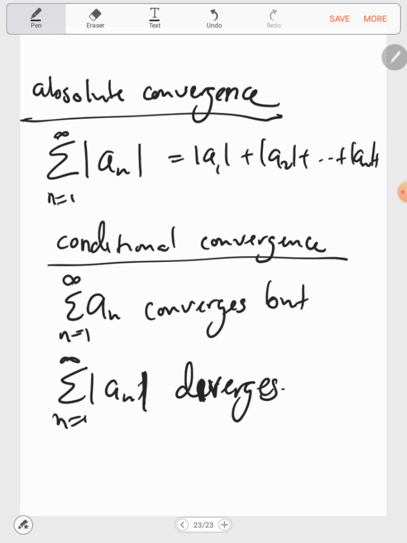So if we have the case where an converges but the absolute value of an diverges, then the series an is said to converge conditionally. Okay.